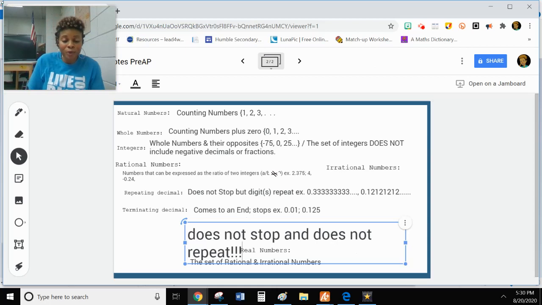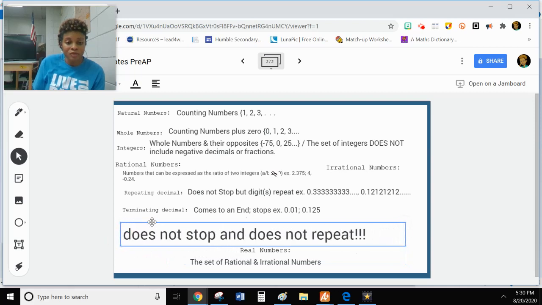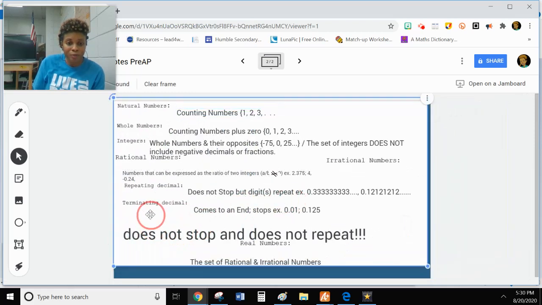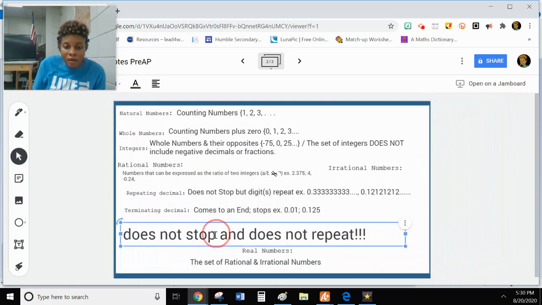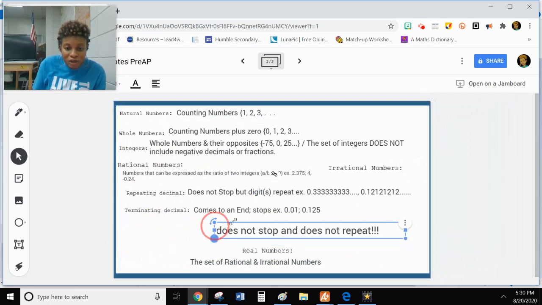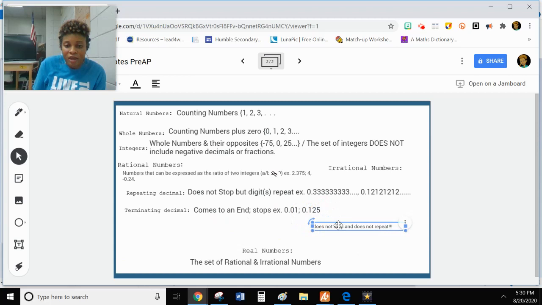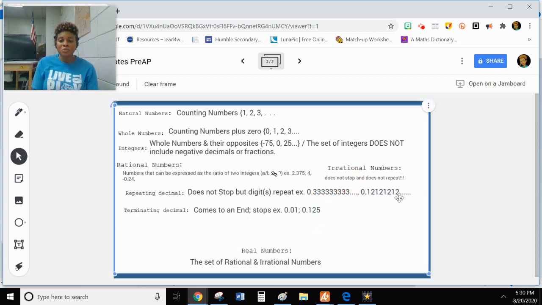It cannot be written in the form of A over B. Irrational numbers do not stop and do not repeat.